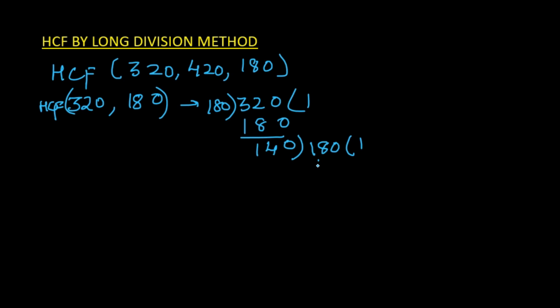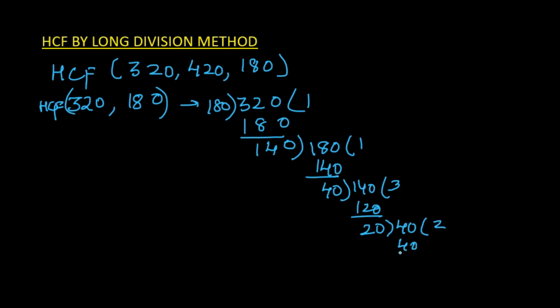So 140 ones are 140, left with a 40. 40 will be dividing 140. 40 threes are 120. And 20 will be dividing 40. So 20 twos are 40. We get a 0 here. This is the divisor in this step. So we get that HCF of 320 and 180 is 20.